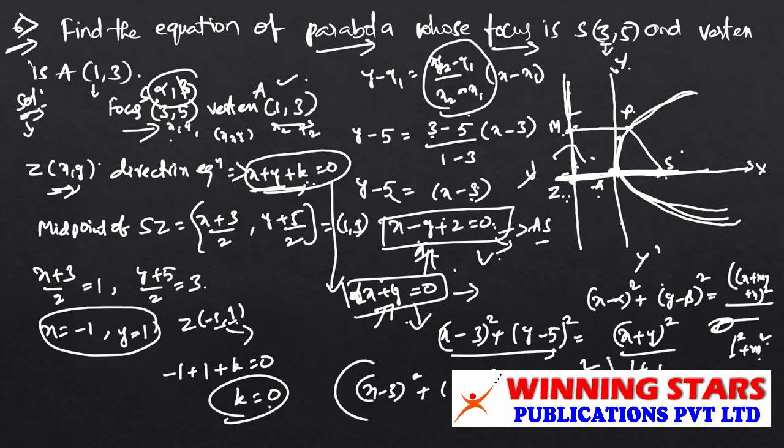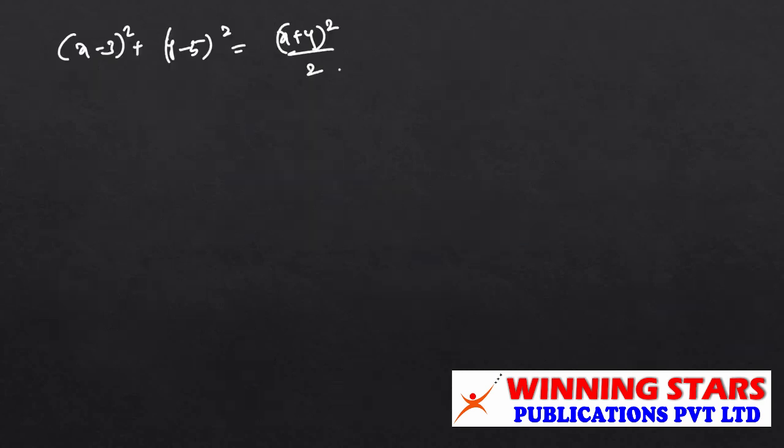So we have to expand these total terms. If we expand, x square minus 2 times 3, that is 6x plus 9, plus y square minus 2 times 5, that is 10y plus 5 5 25, is equal to, so this total will be multiplied by 2.